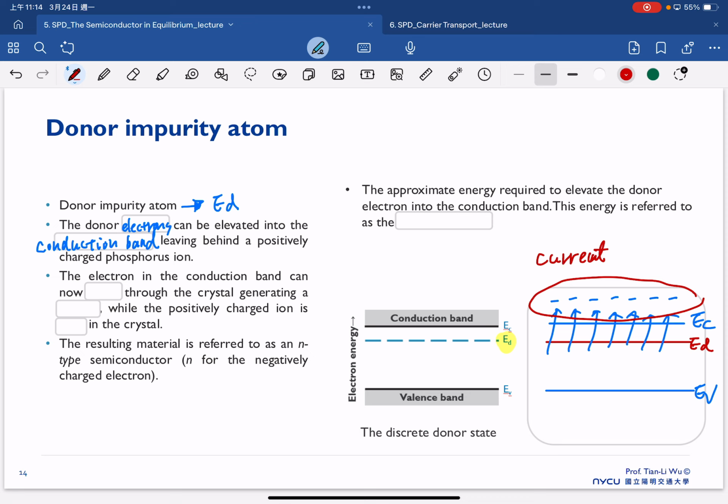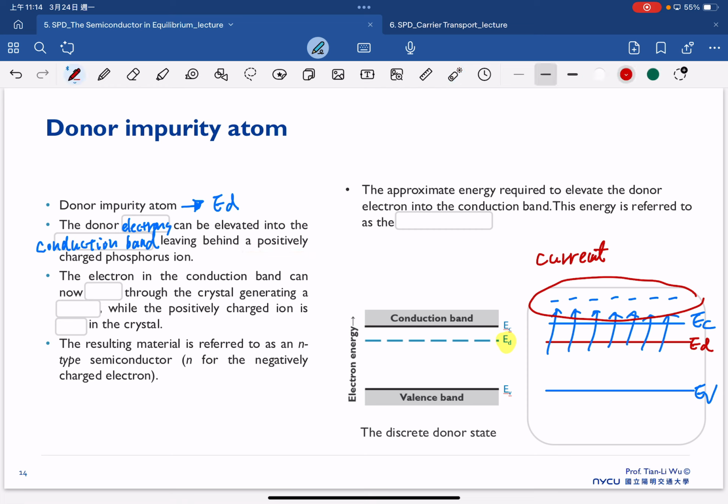And these donor electrons can be elevated to the conduction band. So this sentence tries to describe that this donor electron will be elevated to the conduction band. And once these electrons are elevated to the conduction band, that will leave a positive charge behind.